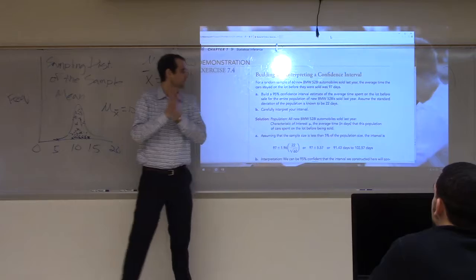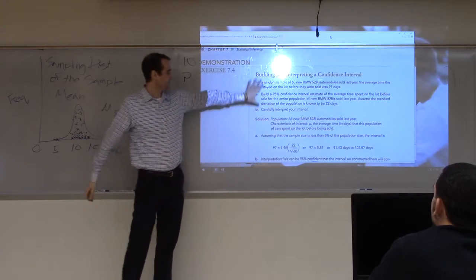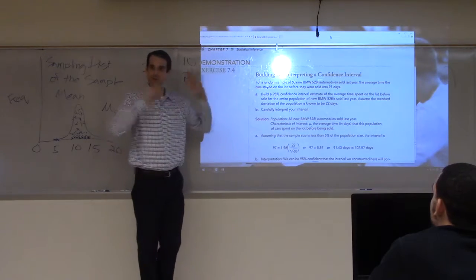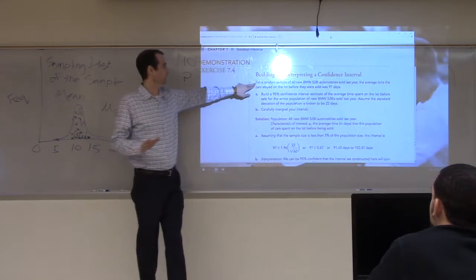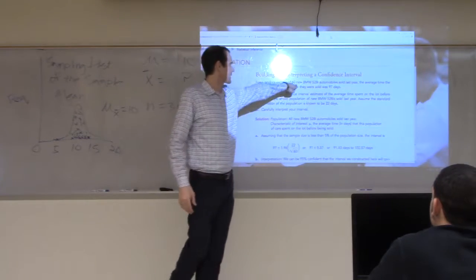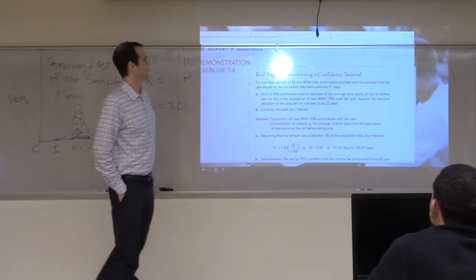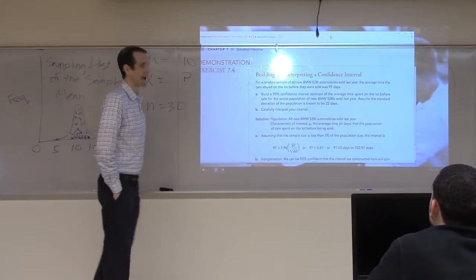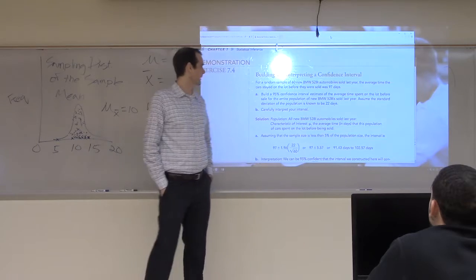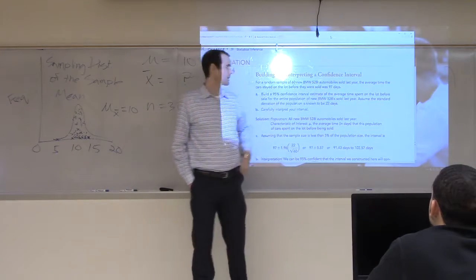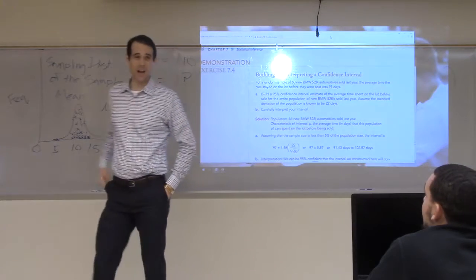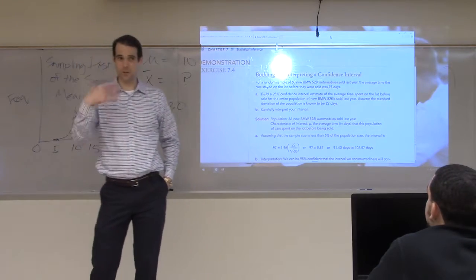Alright, so let's see. This is an exercise that you have in your book, you can reflect back on later if anything confuses you, but let's do it together right now. For a random sample of 60 new BMW 528i's sold last year, the average time cars stayed on the lot before they sold was 97 days. Okay, so we're trying to figure out how much time these cars spend on the lot before they're sold.